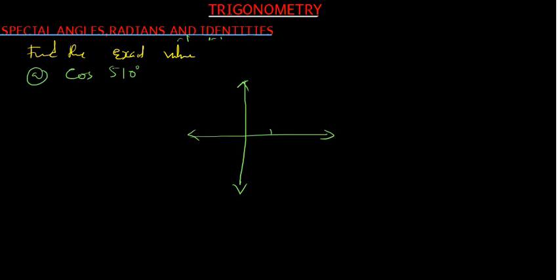So if we move 360 degrees, we are going to reach here. And then we continue moving. If we reach here, it will be 360 plus 90, which gives me 450. Okay. So 450, if I come here, I add another 90. That is going to give me 540. 540 here, 450 there.